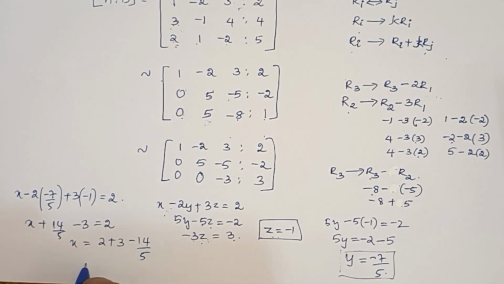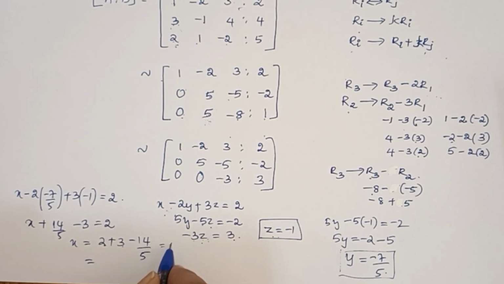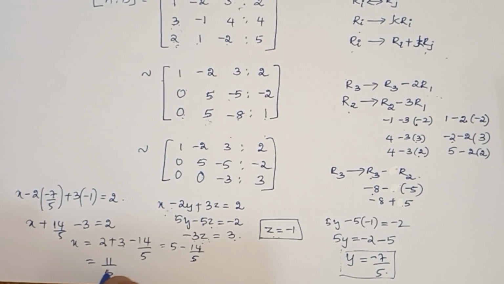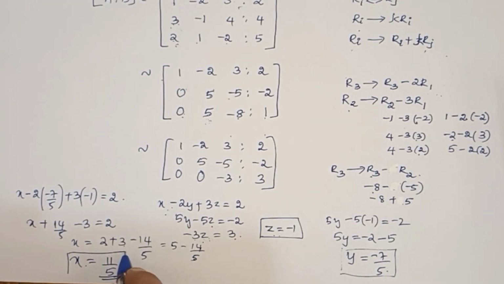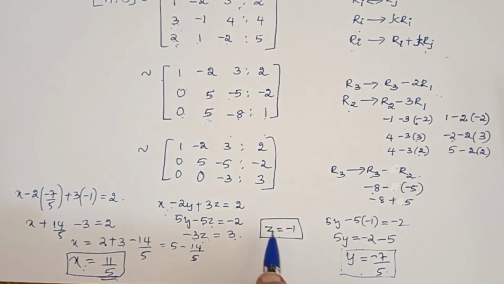So this is equal to 2 plus 3, 5. 5 minus 14 by 5. When you take LCM as 5, this is 25 minus 14, which gives you 11. So the value is 11 by 5. So hence we got the values of the unknowns x, y, z using the Gauss elimination method.